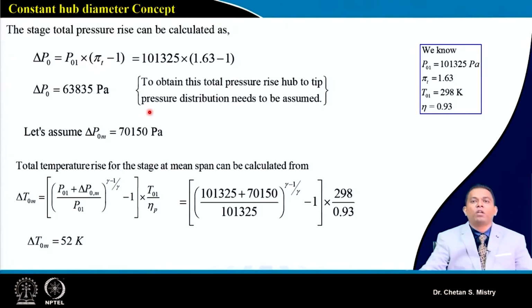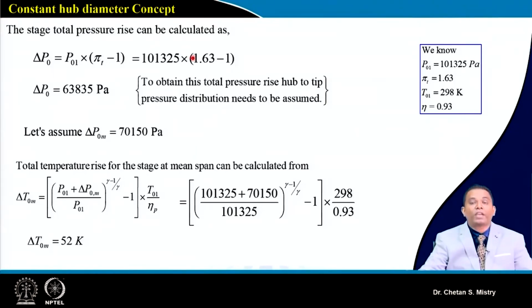Now if you recall, when we were discussing the constant tip diameter configuration, we initially assumed our total pressure, delta P0, or say pressure ratio, at the mid station. And then in the later case, we changed our loading in order to set the loading both towards the tip as well as towards the hub region, to receive the expected pressure rise.